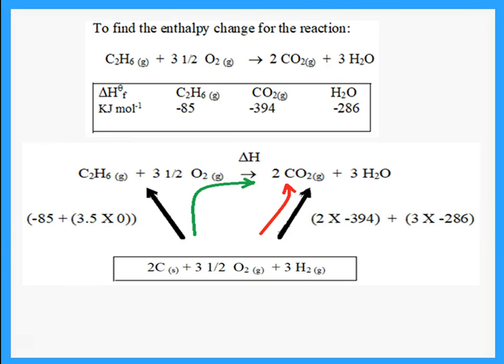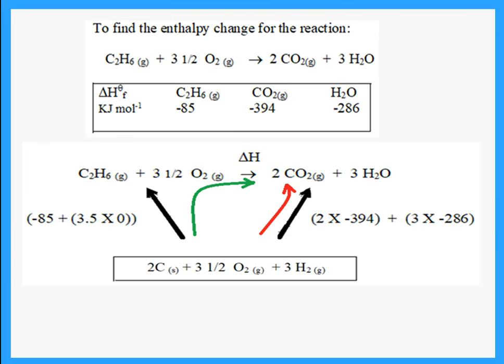Now, where are my pathways? Well, what am I trying to do? Either I go from the lower box, 2 carbon plus 3.5 oxygen plus 3H2, to form at the end 2 CO2 plus 3 water. Or I go directly to give 2 CO2 plus 3 water.